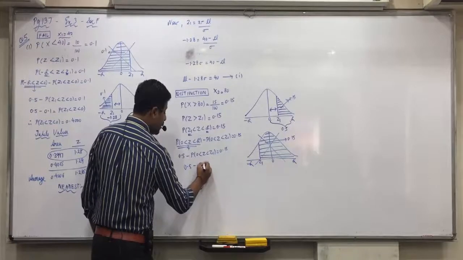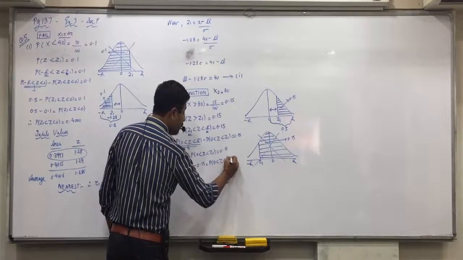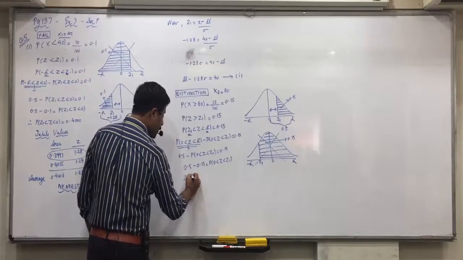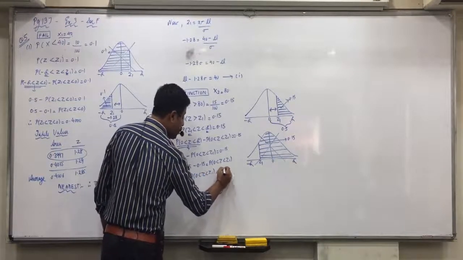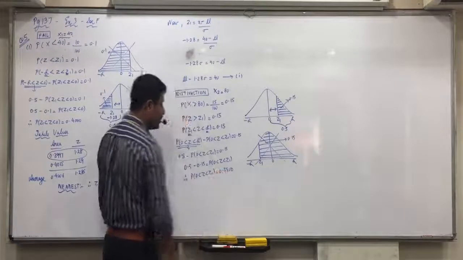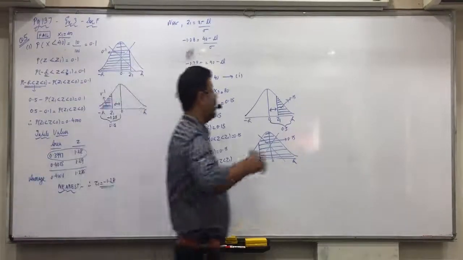0.15 on the left side will become minus. Minus P on the right side will become plus. So P of 0 less than Z less than Z1 is 0.35, means 3500. We don't have exactly 3500; we have 3485 and 3508. So table values.